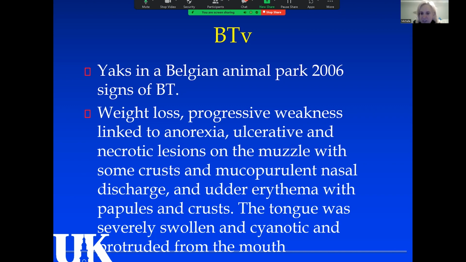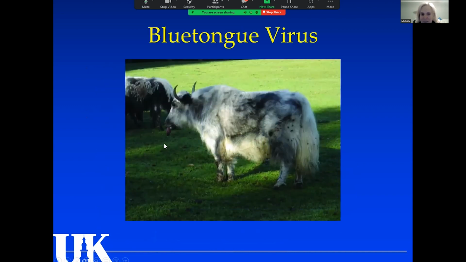You might see redness on the udder, and some blisters down there as well. The tongue, a lot of times in blue tongue virus, given the name, is often swollen and cyanotic, which means it's blue colored and protruding from the mouth. It's a little bit hard to see, but you'll see the tongue hanging out there.